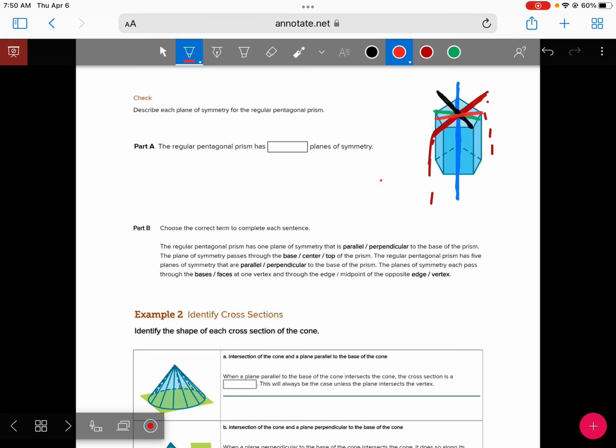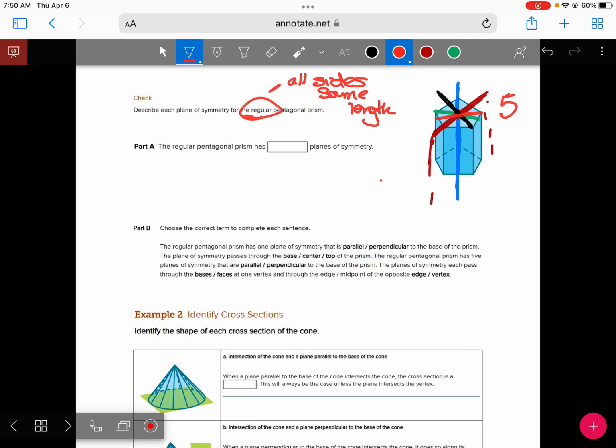Because it is regular, that means all sides are the same length. So I can put a giant piece of paper, or a plane, down through each of those. So that gives me 5 so far.